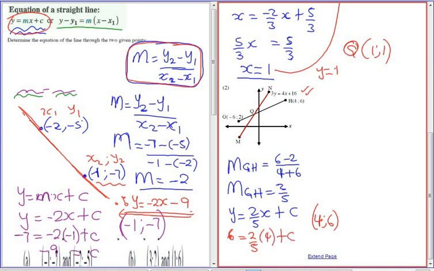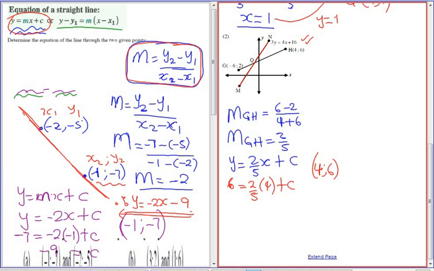Again, use your calculator to say 6 minus 8 over 5. Let's see what you get with that one. So I see that you got your C value as 22/5.